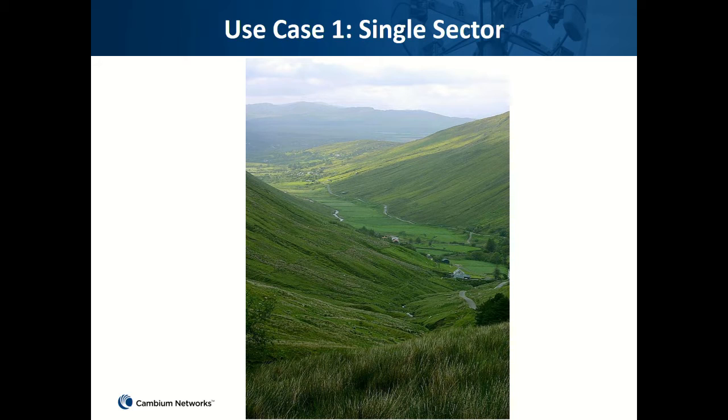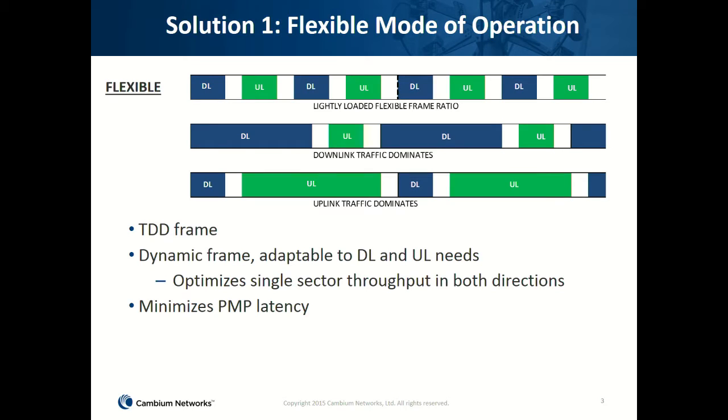So how does ePMP optimize its selection for you so you can optimize the throughput experience and latency experience for your users? What we do is we use flexible mode of operation. In flexible mode of operation, we use our tried and true TDD frame, but the beauty of flexible mode of operation is it will dynamically adjust the throughput to the downlink and the uplink as there is demand.